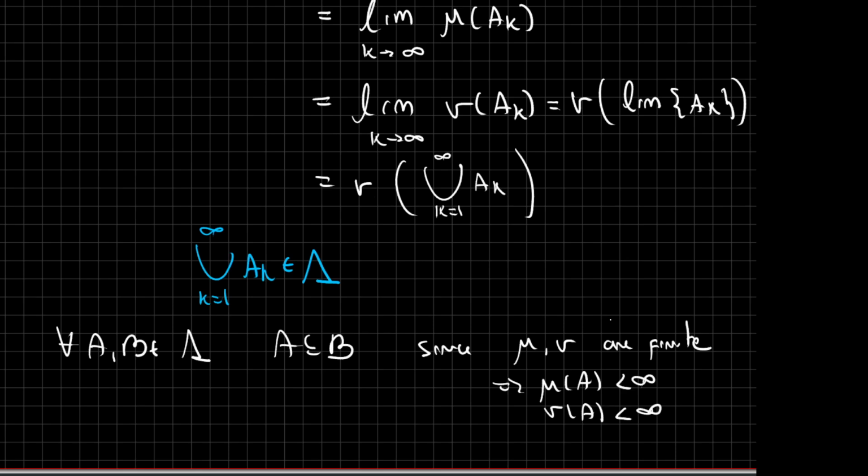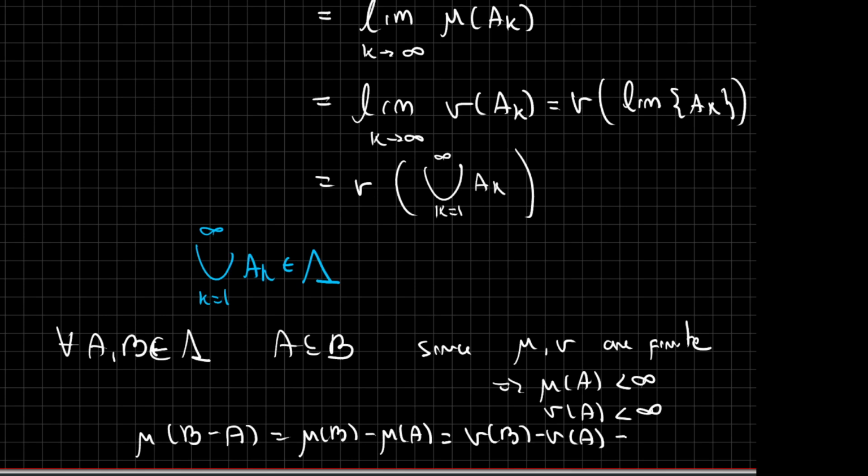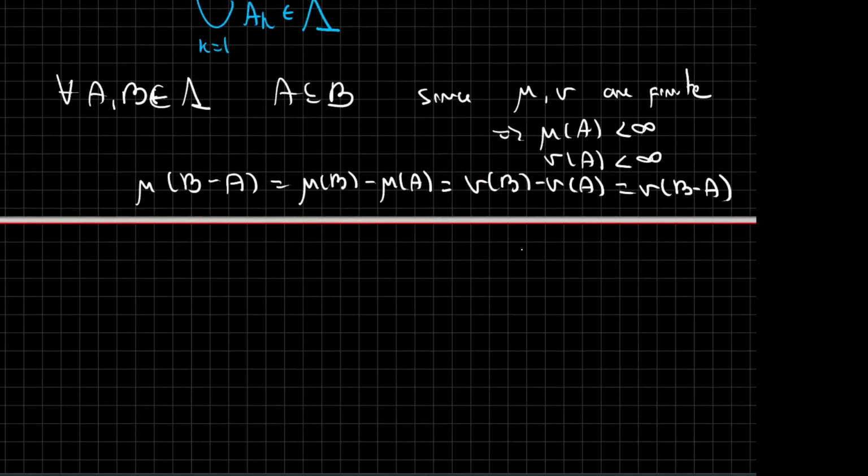So we can apply that property that tells us that the measure of v minus a was equal to v minus a, which is equal, since both are in this set, to this, and this is equal once again to this. So this means that since they have the same value, this is inside here. So with this we have shown that this is a lambda system.